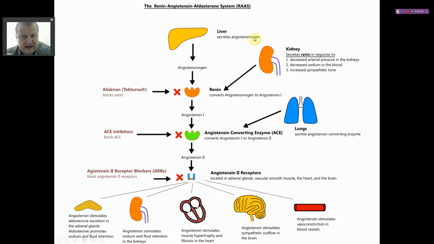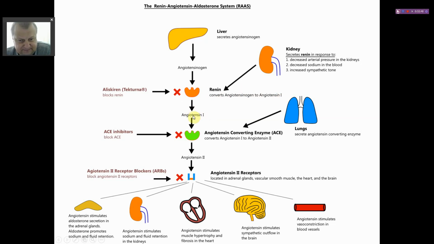Liver secretes angiotensinogen, a protein, and kidney secretes another protein, and the name of this protein is renin. And renin is the enzyme. And this enzyme could act on angiotensinogen and convert it to angiotensin 1. Renin converts angiotensinogen to angiotensin 1.